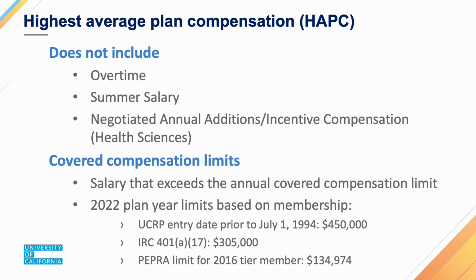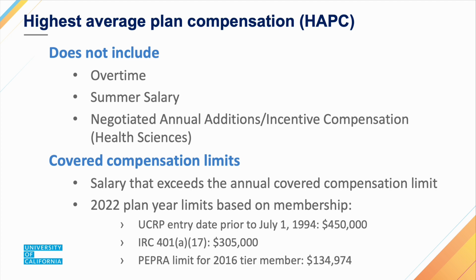So currently, the PEPRA limit is set at $134,974. These values are reindexed basically on an annual basis, subject to changes in the Consumer Price Index, or CPI. So for 2023, starting July 1 of 2023, these limits are going up to $490,000, $330,000, and $146,042 respectively, according to the slide.